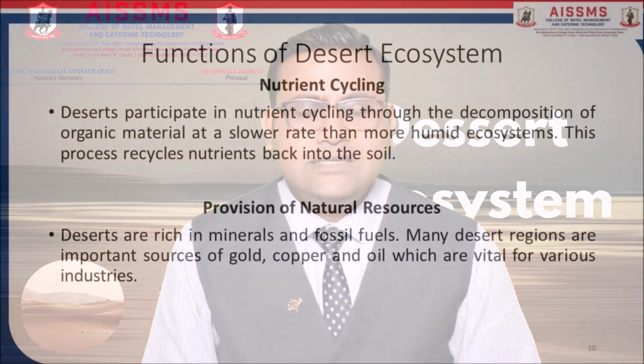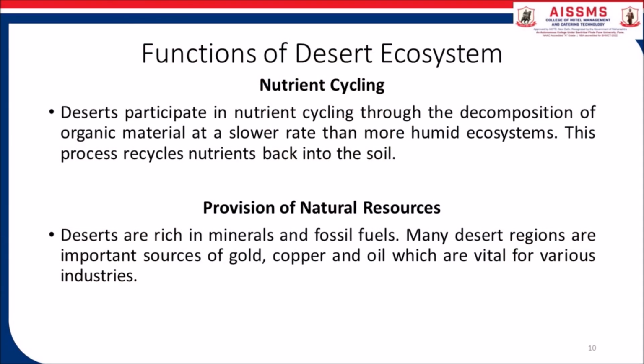Next, nutrient cycling. Deserts participate in nutrient cycling through the decomposition of organic material, albeit at a slower rate than more humid ecosystems. This process recycles nutrients back into the soil, supporting the plant life.